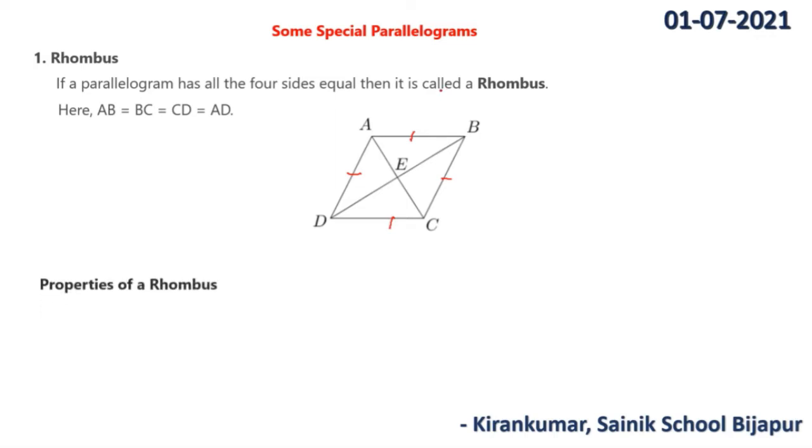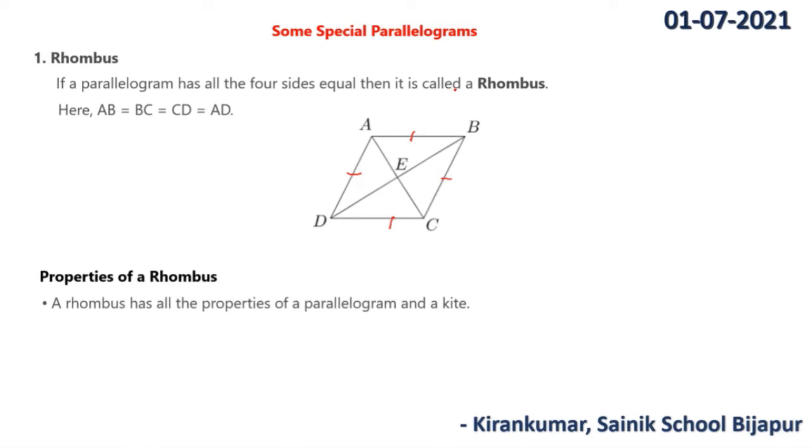A few properties of a rhombus are: a rhombus has all the properties of the parallelogram as well as the kite. The special property is that its diagonals are perpendicular bisectors of each other.